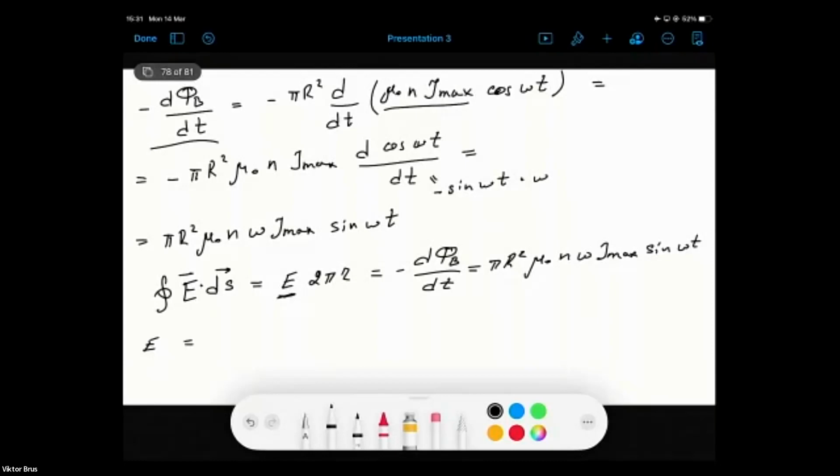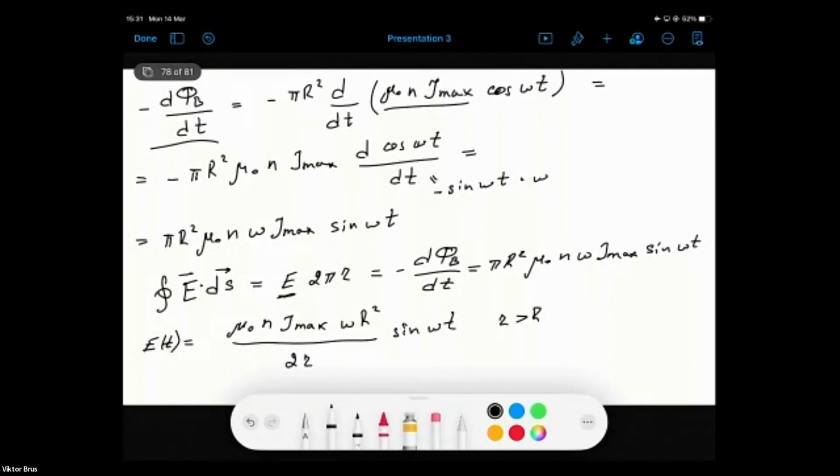So the induced electric field will be equal to, we can rearrange a bit, mu naught times n times I maximum times omega R squared divided by 2r, multiplied by sine omega t. Again, assuming that r is larger than the radius of the solenoid. So in this case, we see this induced electric field outside the solenoid as a function of time.